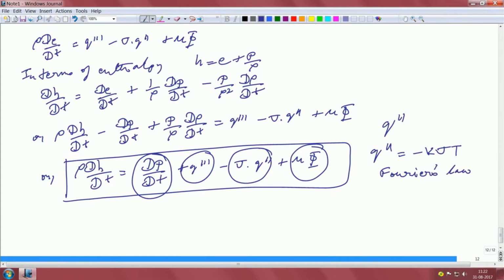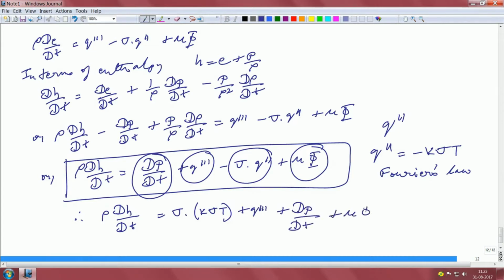Therefore, what we have is dH by dt equal to k del squared T plus q triple prime.